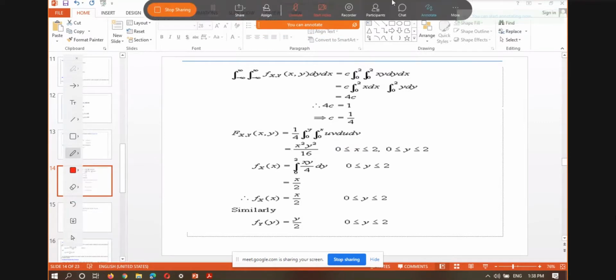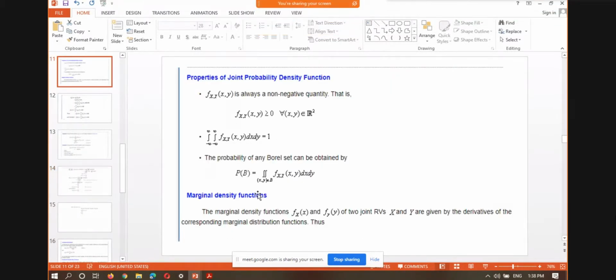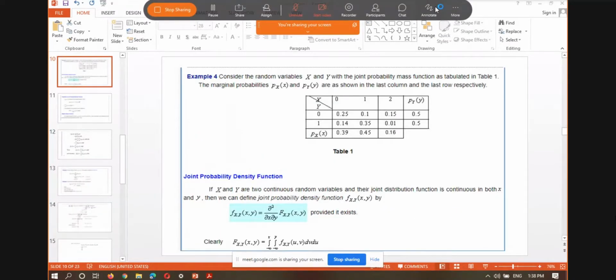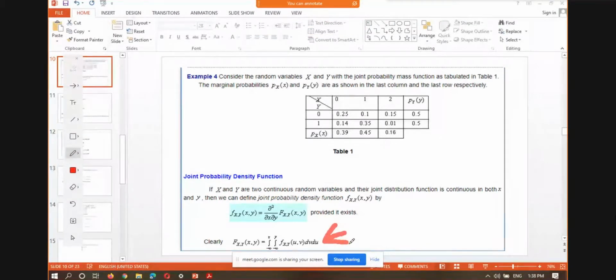I told you earlier how we calculate this. This is the formula to obtain the joint distribution function from the joint density function.